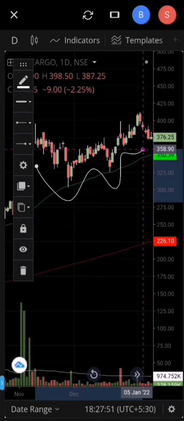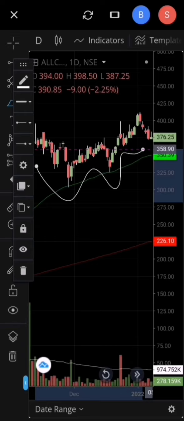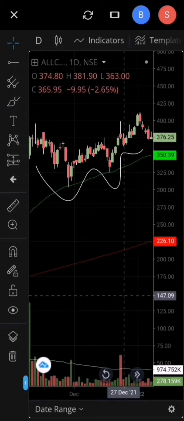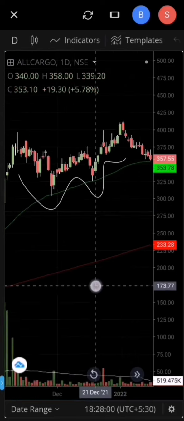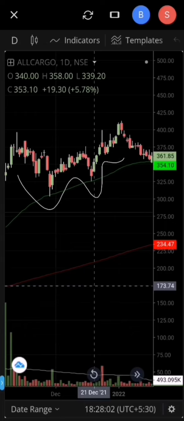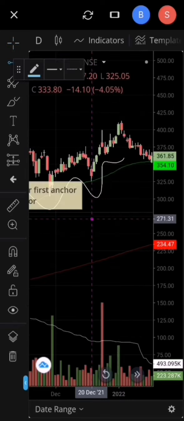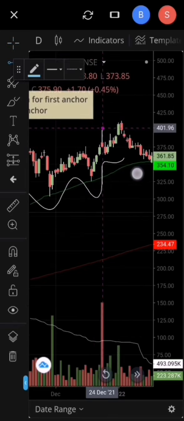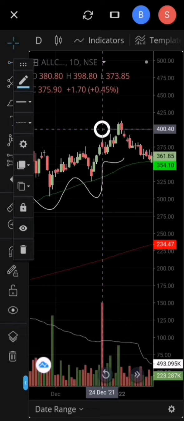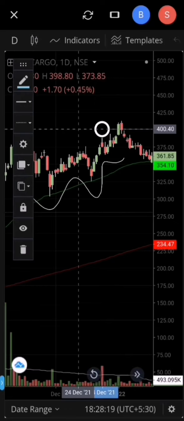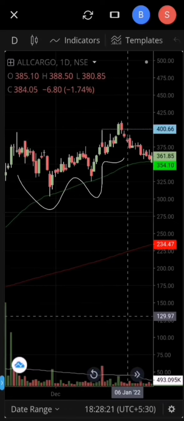As you can see here, there was a contraction in volatility as the prices were moving from left to right. At this point we decided that we would go long once this high was taken out at 400. Around 400 this high was taken out, and there was a decision to go long here.